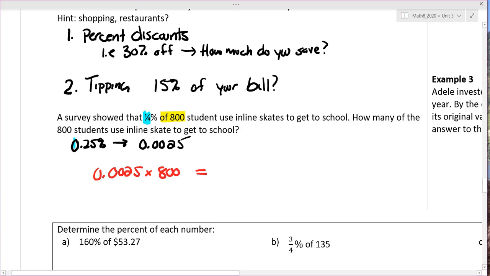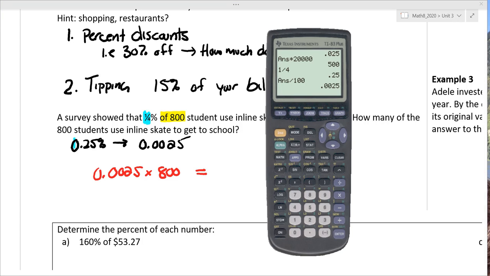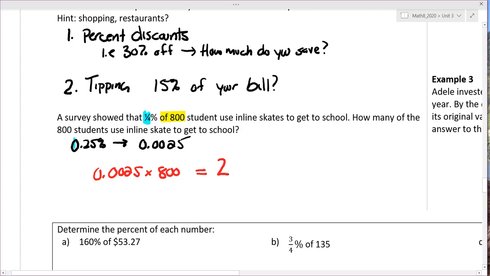So in a school of 800, you should practice how to do this in the calculator. It would be kind of very silly to lose a lot of marks because you didn't use the calculator properly, all right? The answer is 2, right? So it's a word problem.